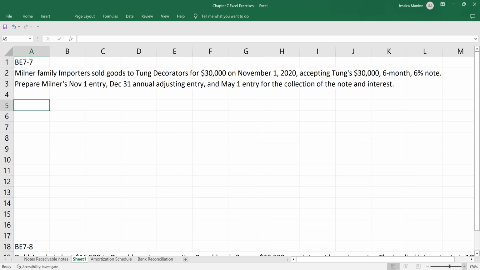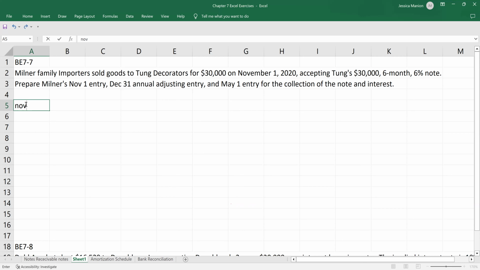Prepare Milner's November 1 entry. So that's when we sold the goods on November 1. The December 31 annual adjusting entry, on that one, we'll want to record any interest revenue. And then on May 1 is the collection of the note and any remaining interest revenue.